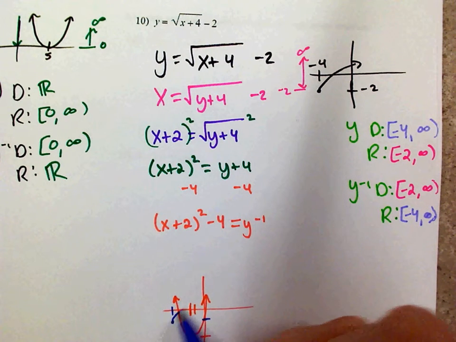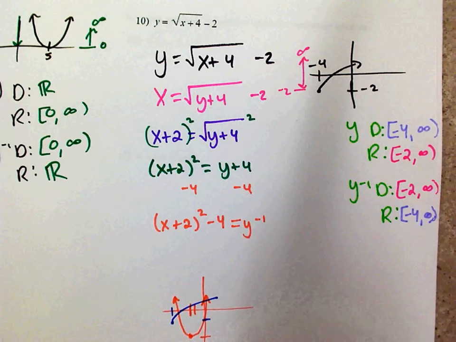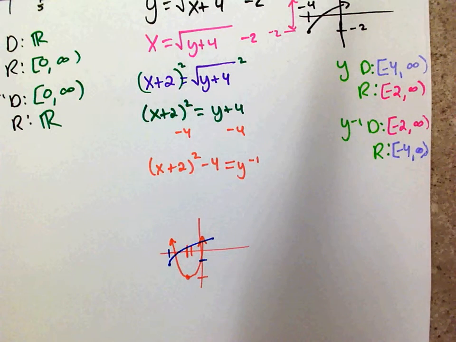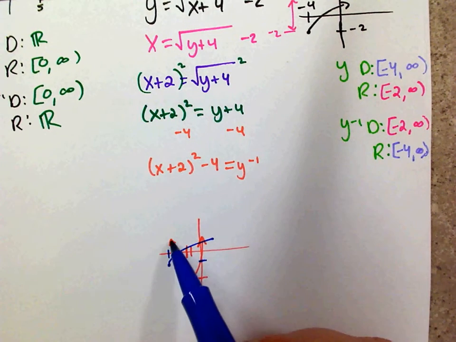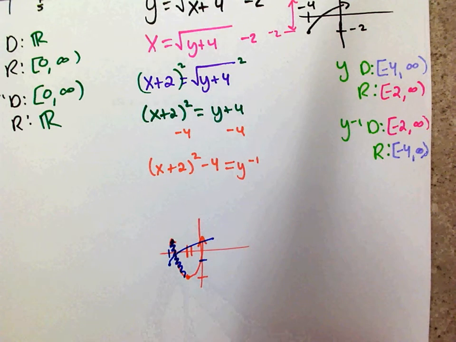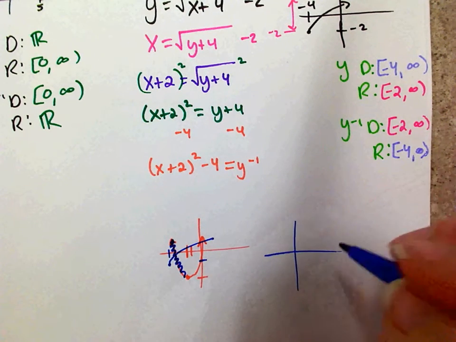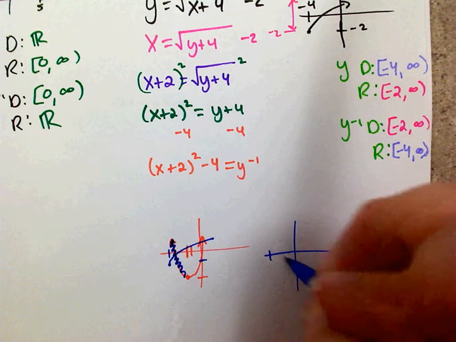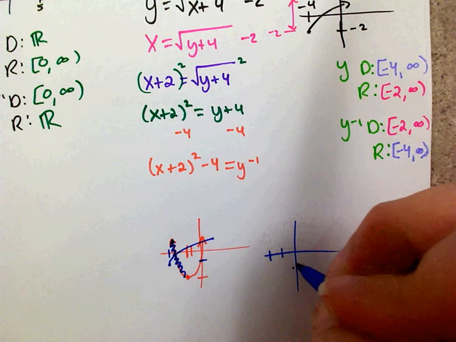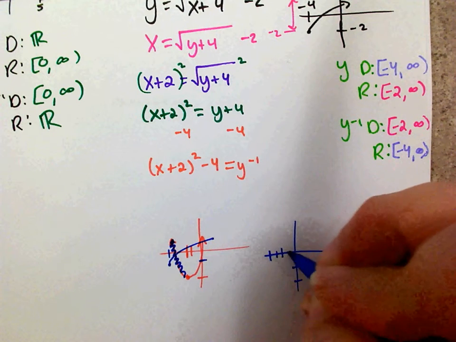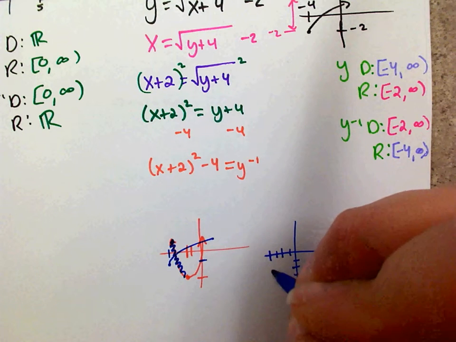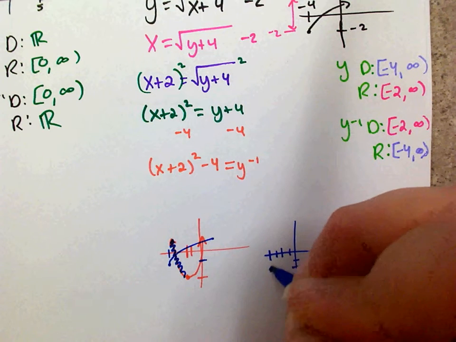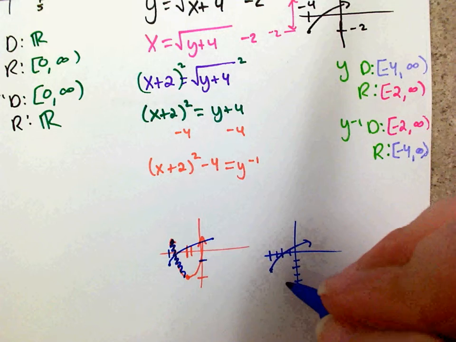So it makes more sense if this part was not there. Meaning the reflection of this would make sense to be only this half of the parabola.